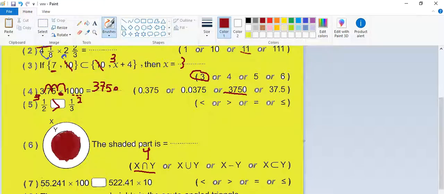After that, number 7, he said 55.241 times 100, and on the other side we have 522.41 times 10. Here we multiply by 100, so we'll move the point 2 times.